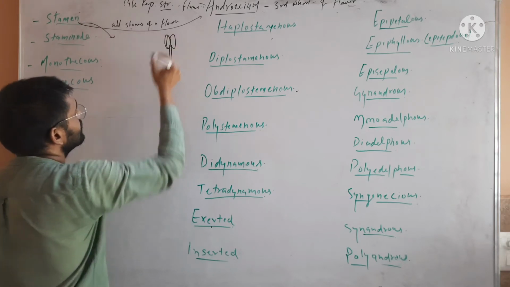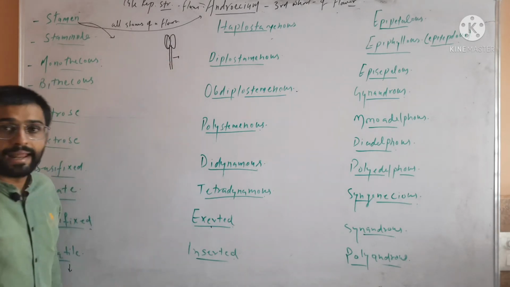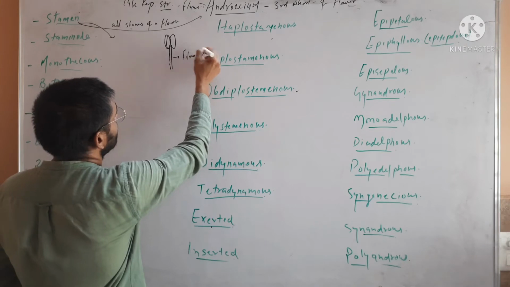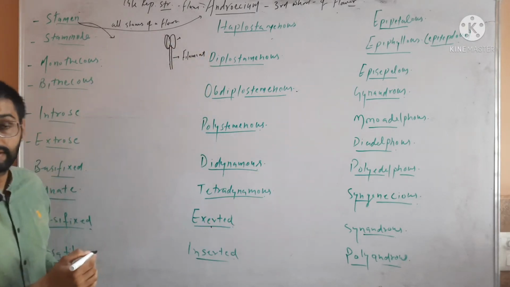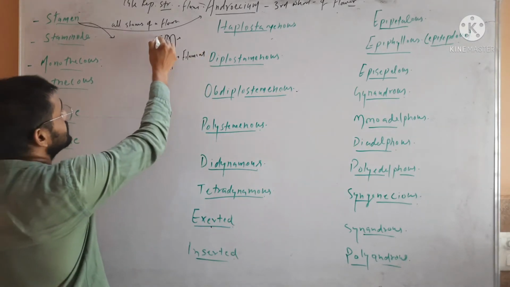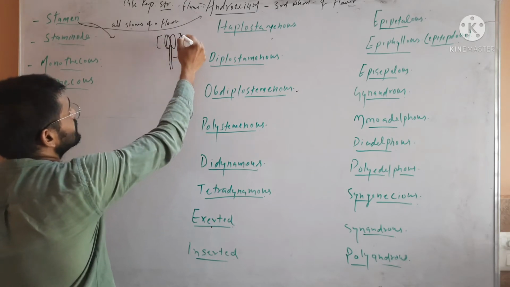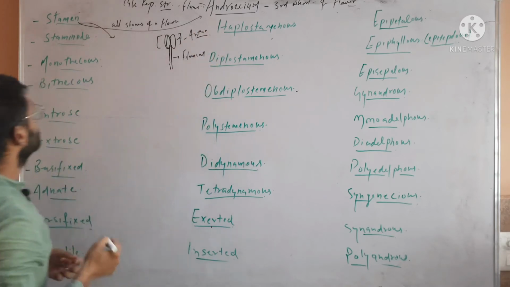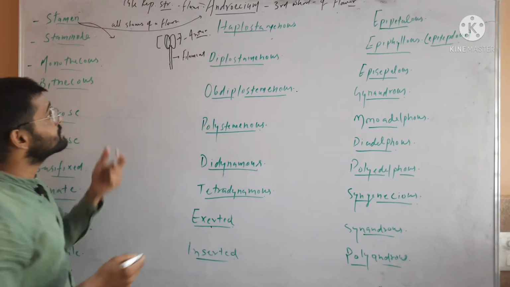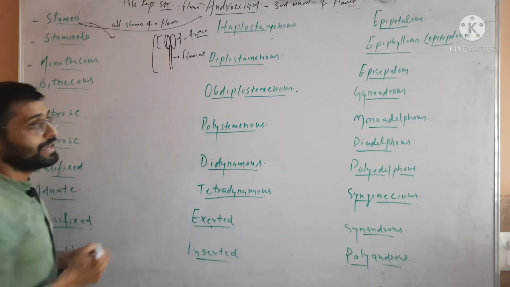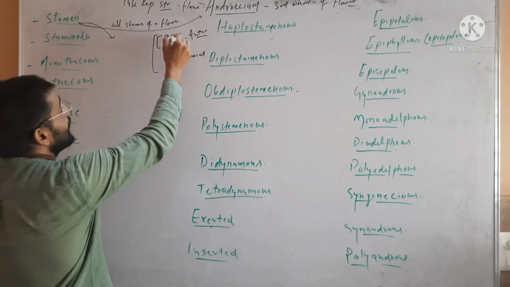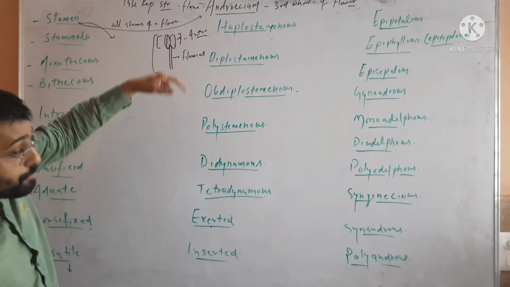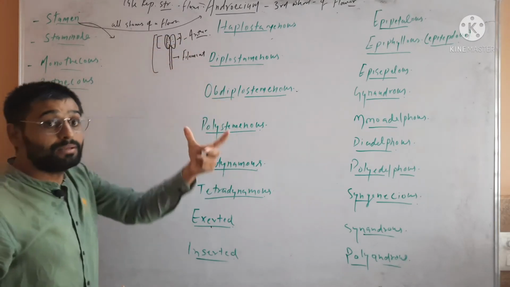This delicate thread-like structure is called filament, and this globose head-like structure that is present on the filament is called anther. Normally the anther of a stamen has pollen grains, which are produced inside the anther in pollen sacs.